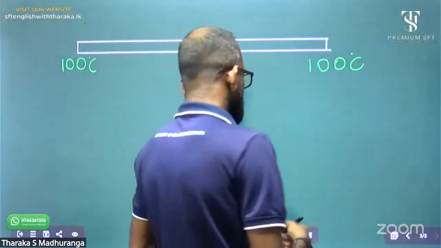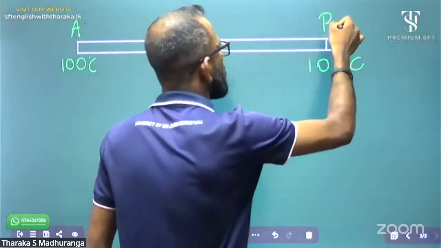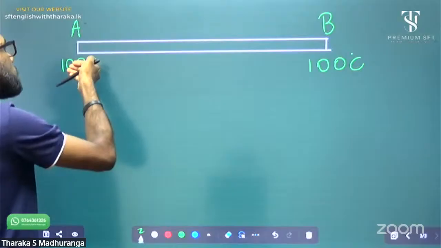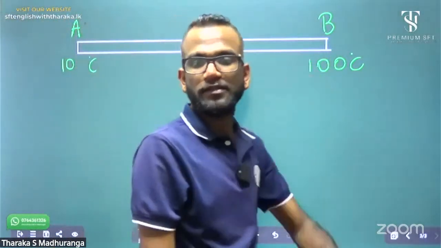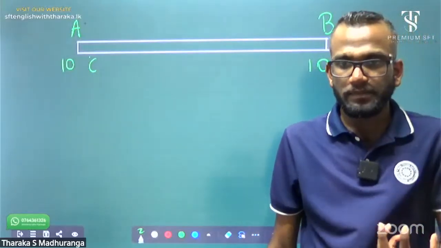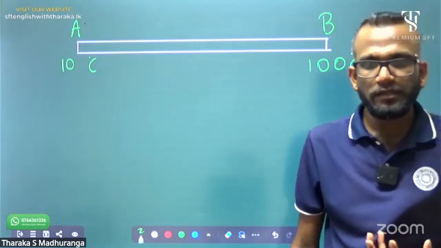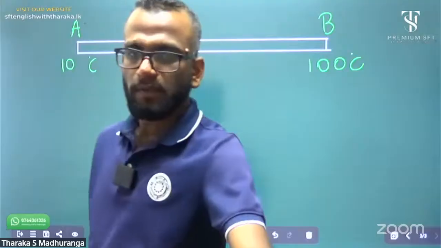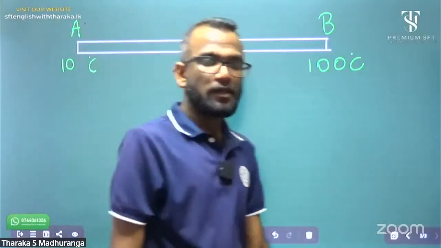But think this is the A side and this is the B side. I'm going to place the A side at 10 Celsius and the B side at 100 Celsius. Now what happened? Is there any heat energy? Yes.